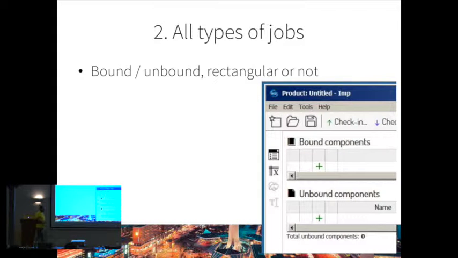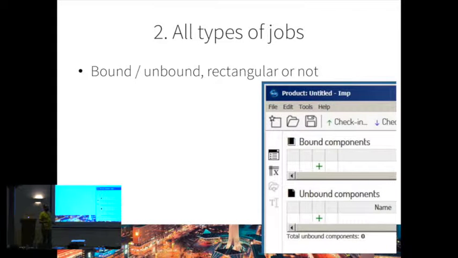The second big difference is that it does all kinds of different jobs, and you don't have to choose. So the screen you see here on the right is a detail of how you create a new product in IMP. And what you can see is that I can add bound components and unbound components.